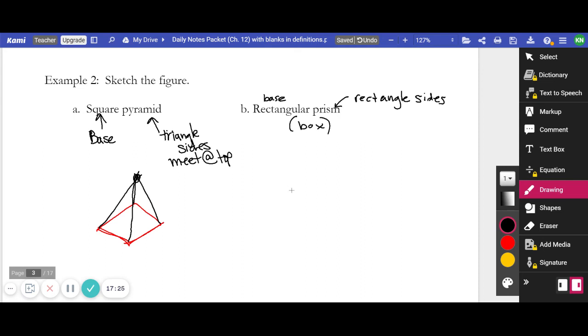My trick for making a box, I remember as a kid, was I would draw a rectangle in the front, and then I would draw a rectangle in the back. These are my bases. And then I would connect corresponding corners. So top left with top left, bottom with bottom, top with top, bottom with bottom.